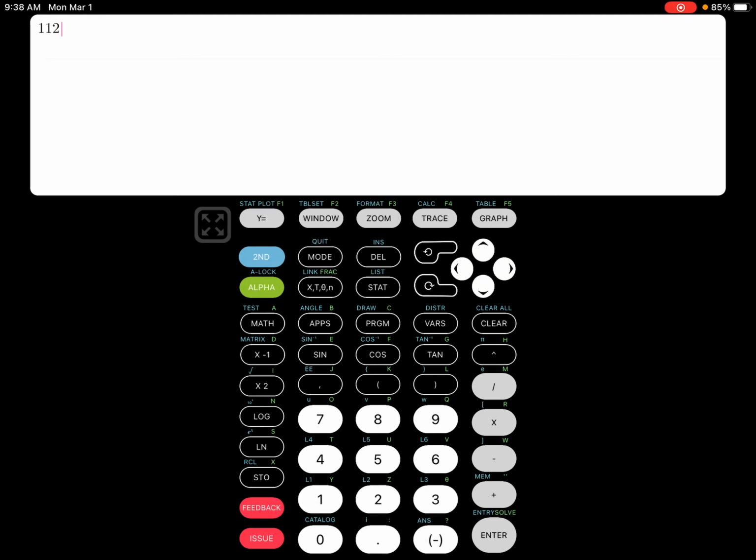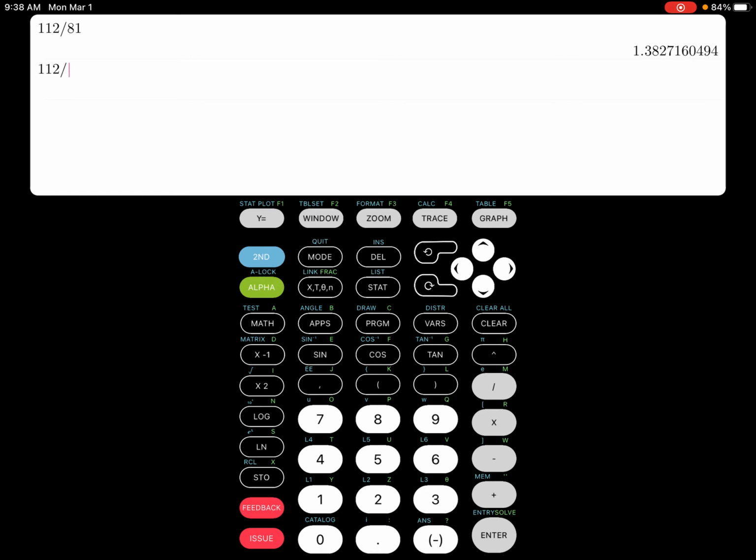Because I'm looking for the largest one, I want to divide it by the biggest numbers that I can think of. I'm not going to divide it by 144 because that's bigger than 112. So let's just start with 81. We're looking for a perfect square that goes in evenly.